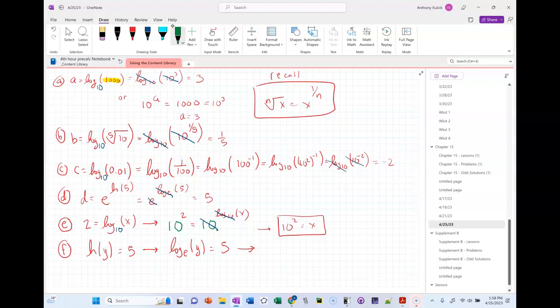The bases for the two have to be the same. So I'm going to have e to the left-hand side of my equation equals e to the right-hand side of my equation. Exponent base e cancels log base e. So we have y is equal to e to the 5th. Everybody's okay with that?